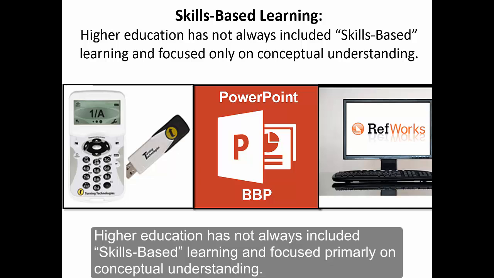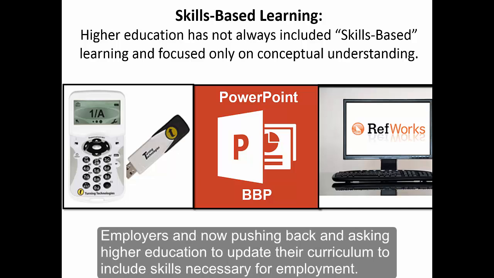Sometimes in higher education, they have not always included skill-based learning and have focused primarily on conceptual understanding. Employers are now pushing back and asking higher education to update their curriculum to include skills necessary for employment.